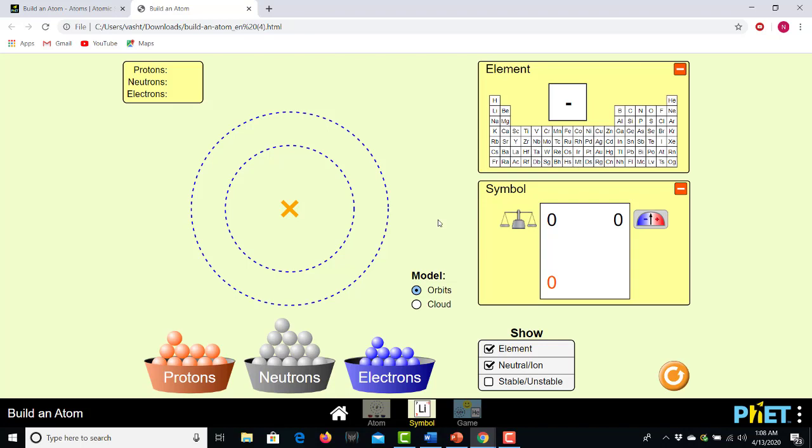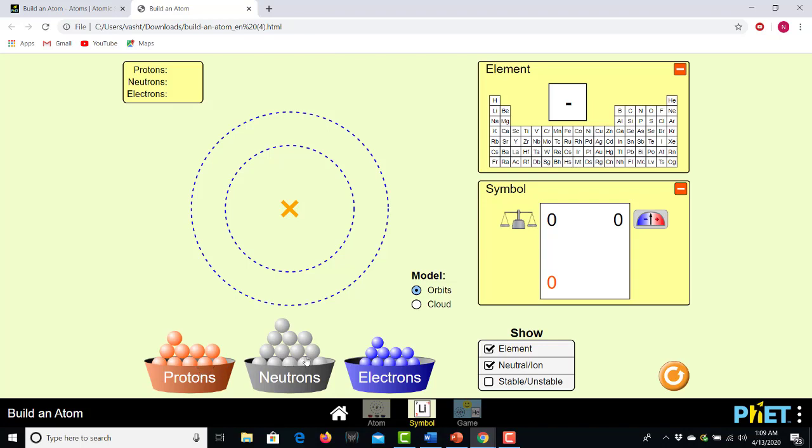The three major types of subatomic particles are shown right here in these buckets. They are protons, neutrons, and electrons. Before we get started working, let's commit to memory a couple of facts, or write this down. A proton has a positive 1 electrical charge.